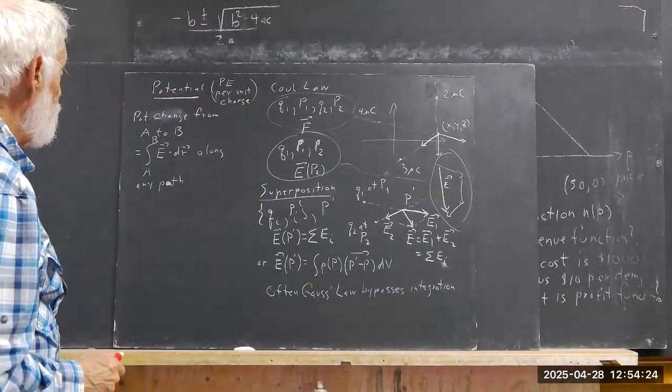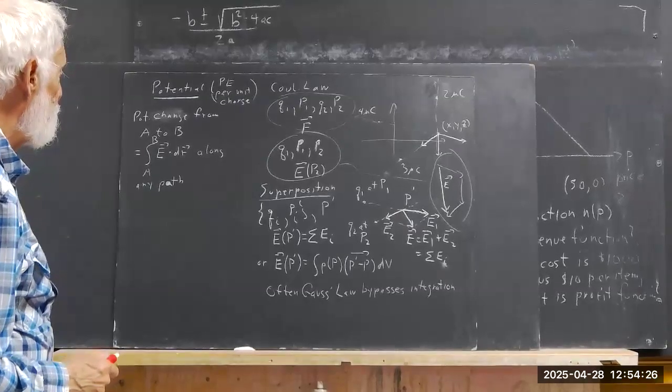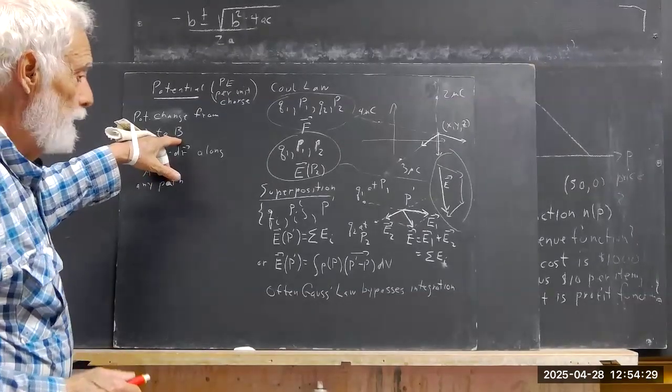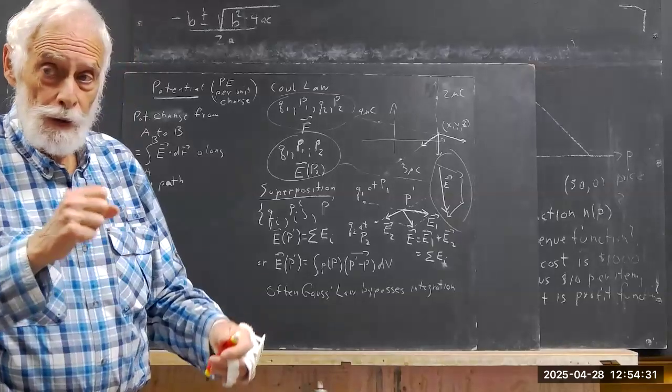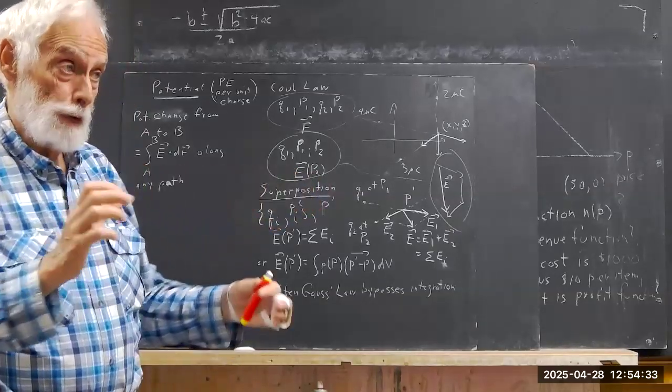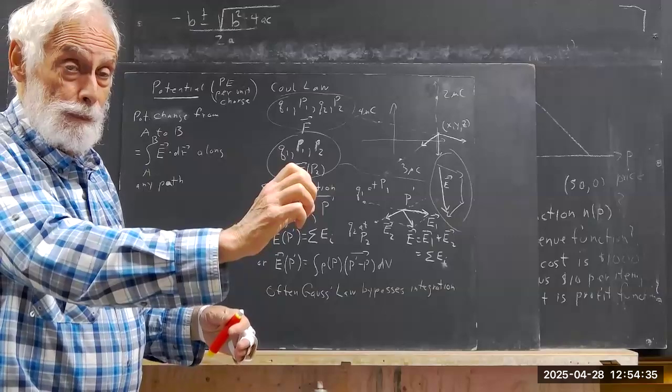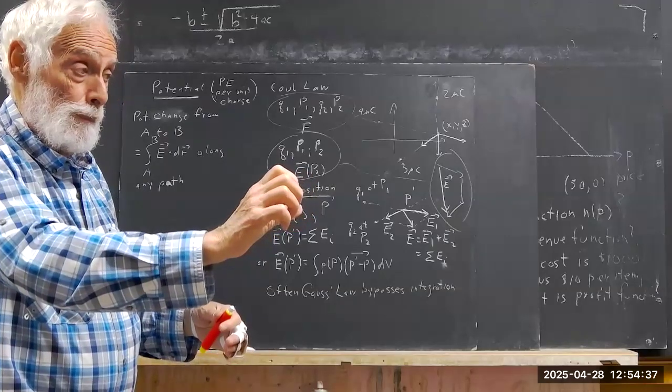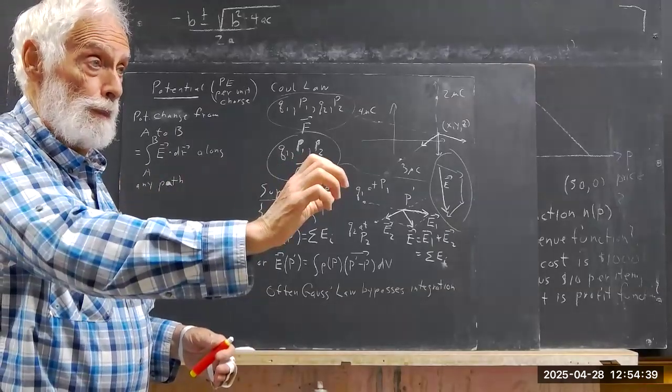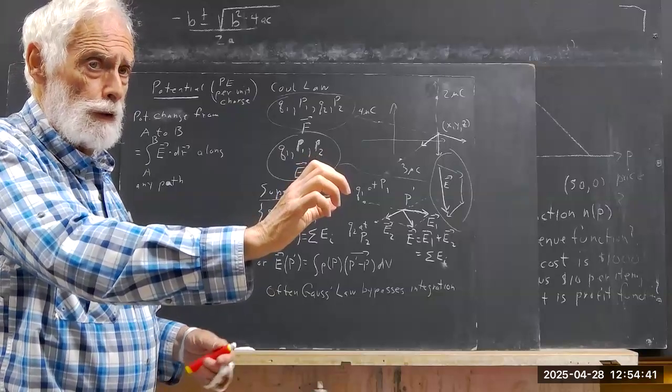Now, if I move a positive charge from A to B, and the potential increases, what's the direction of the electric field?